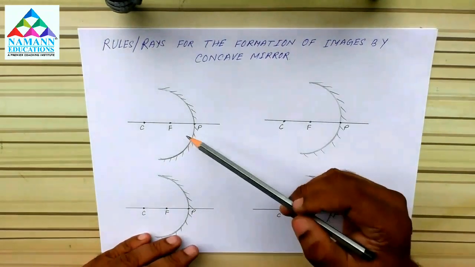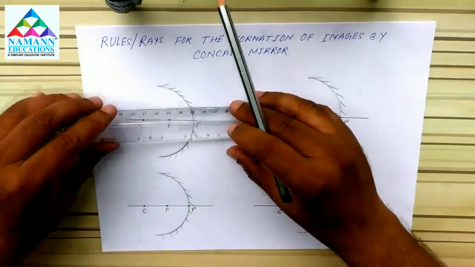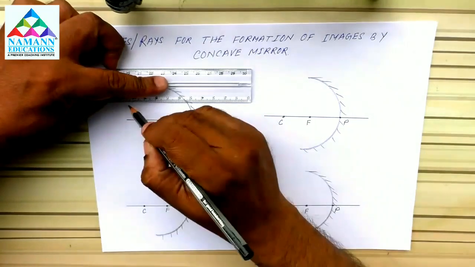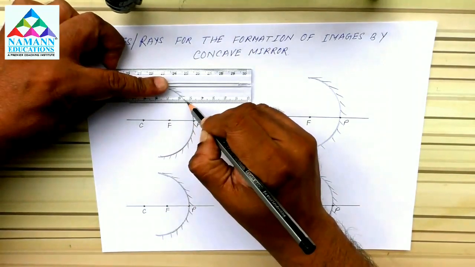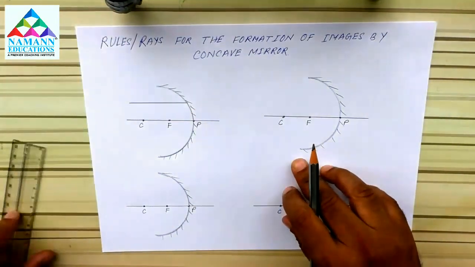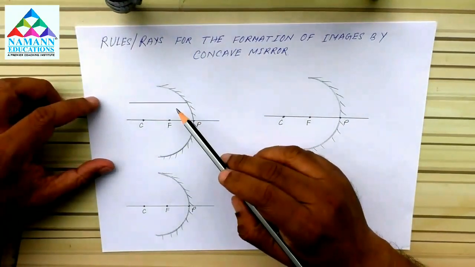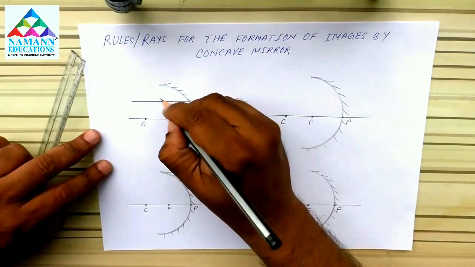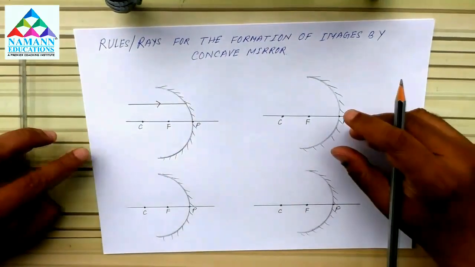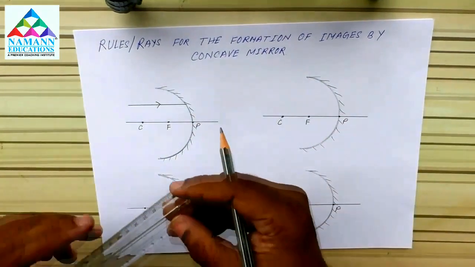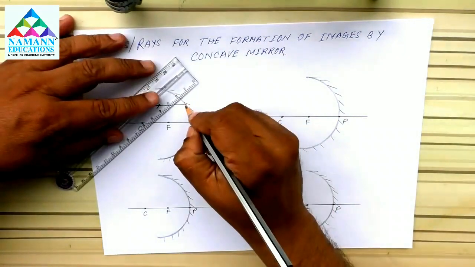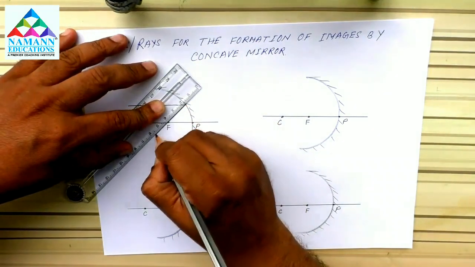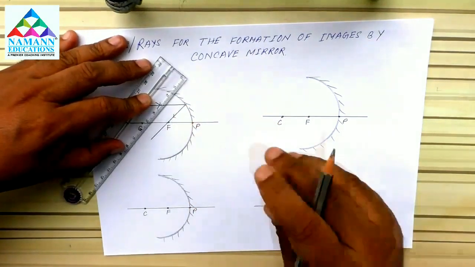This is a concave mirror, and if I allow a ray of light incident parallel to the principal axis, now what happens to this light ray? This light ray after reflection passes through the principal focus. This is the rule.